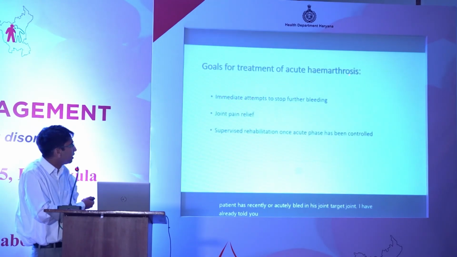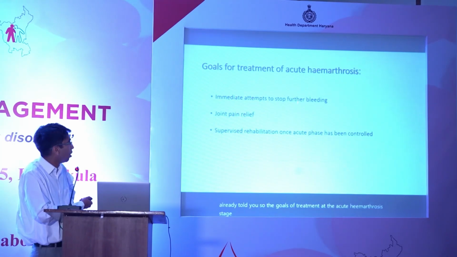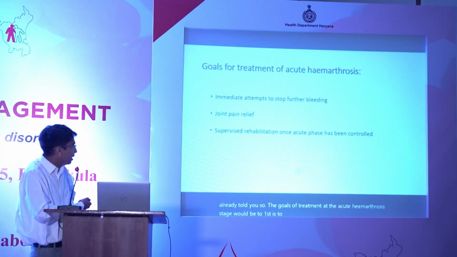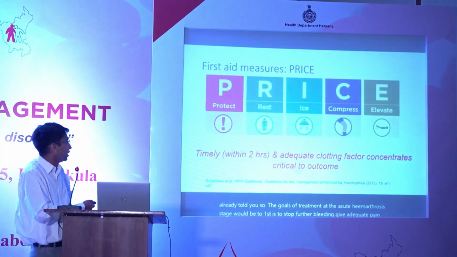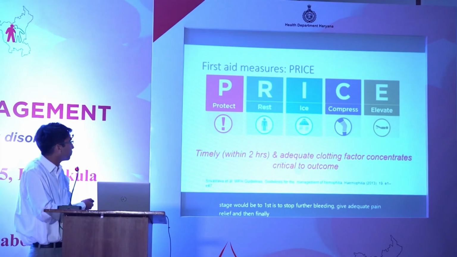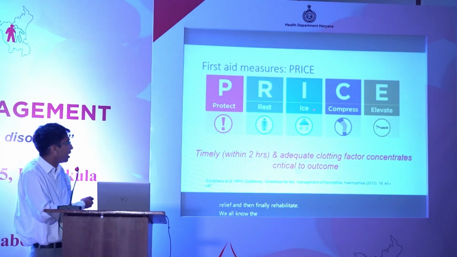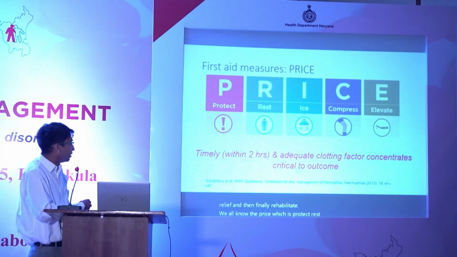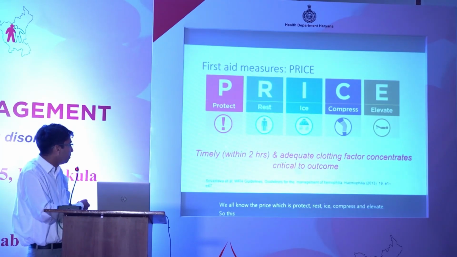The goals of treatment at the acute hemarthrosis stage would be, first, to stop further bleeding, give adequate pain relief, and then finally rehabilitate. We all know the PRICE, which is protect, rest, ice, compress, and elevate. This PRICE should be administered within 2 hours of the joint bleed, in addition to the adequate clotting factor concentrate.